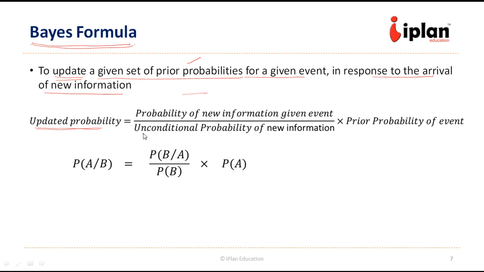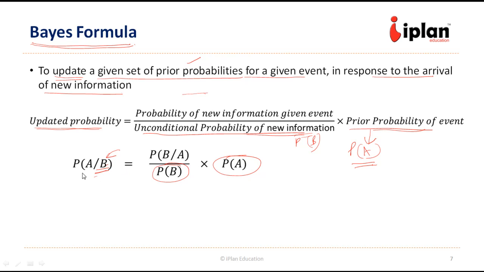For example, the unconditional probability of the new information is P(B). Earlier, the prior probability of an event was P(A). Now we need to know the probability of event A given that B has already occurred. This is the update, the change which has occurred.